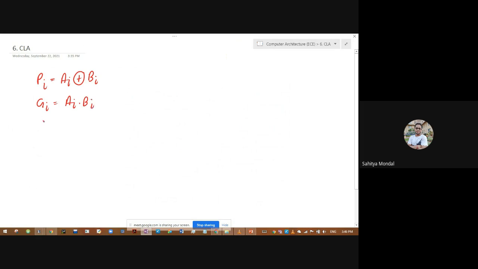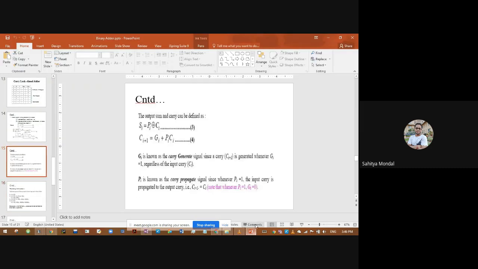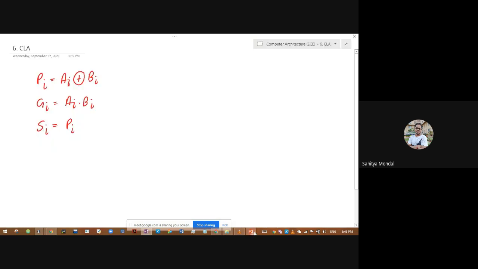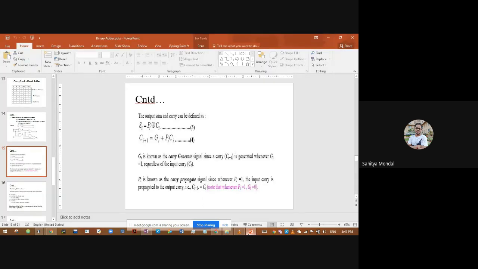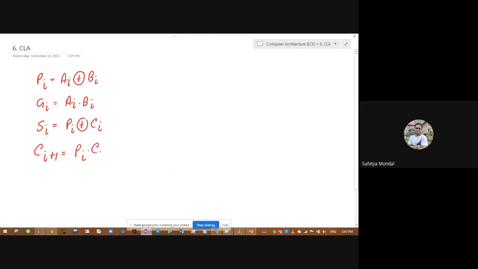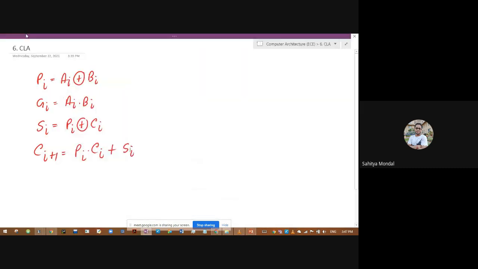Next is the sum Si equals Pi XOR Ci, and Ci plus 1, that is the next carry, is Pi and Ci or Gi, right? Sorry, Gi.